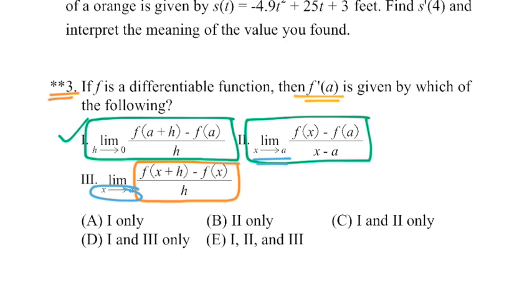And by itself, this would be the derivative at every point, not just at one point. So this would be kind of looking at f prime of x, except that our limit is as x approaches a instead of as h approaches 0. So this equation is kind of a mess. It does not represent f prime of a. And so the answer that you should give here is 1 and 2 only, and that's C.